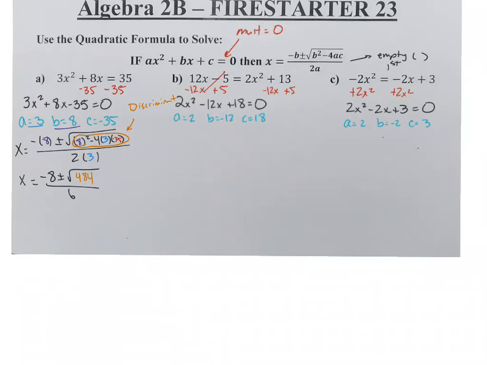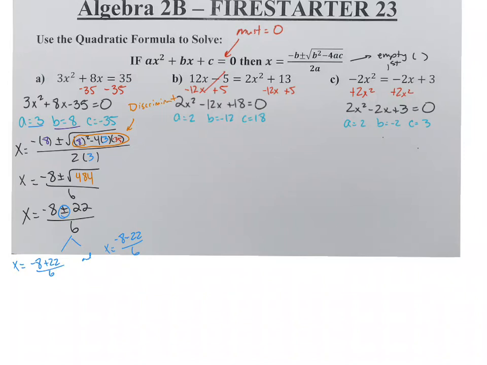perfect. So this becomes x equals -8 plus or minus the square root of 484, which is 22, all over 6. Now remember, since the radical disappeared, I have to have two separate answers. Basically, I have to split my plus or minus up. So I have x equals -8 plus 22 all over 6, and x equals -8 minus 22 all over 6.